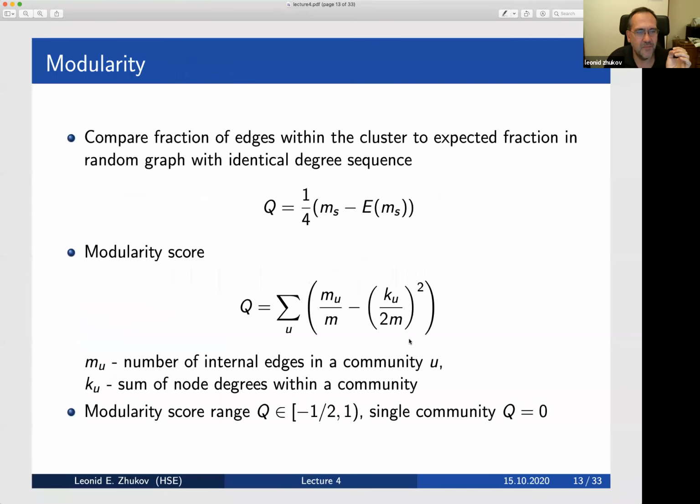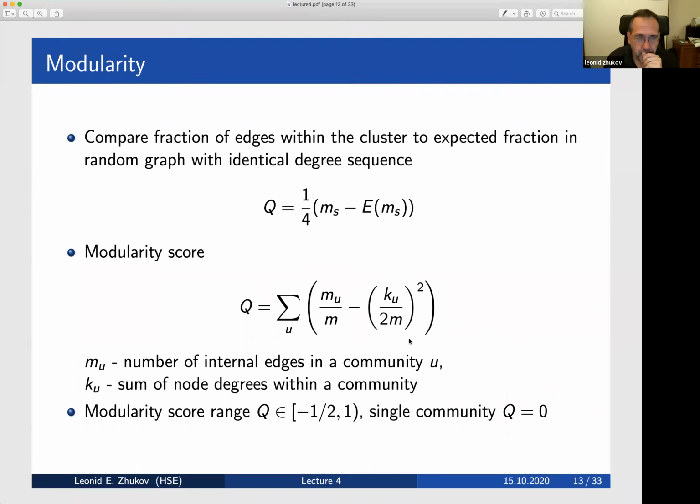I missed that example. Okay. I can't show you because it's not here. I will put the slide in the lecture so you can look yourself. There are examples of how this metric works in practice with pictures, and those examples are quite convincing that it actually captures this notion of communities.